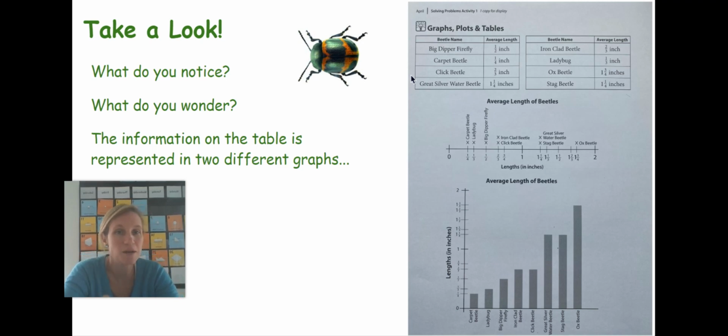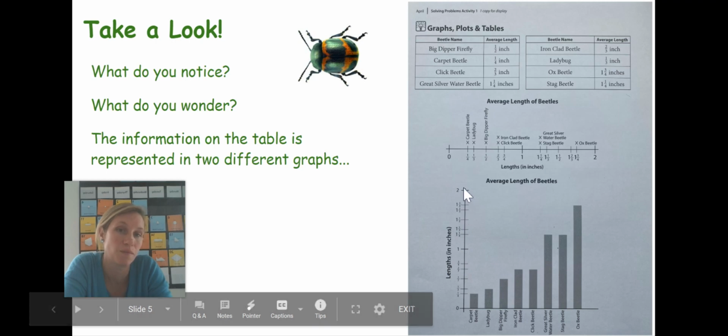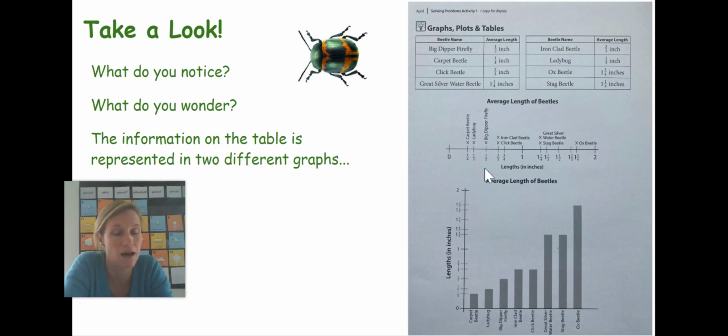Okay, let's compare these 2 graphs for a second. I notice on the bar graph that the information or the lengths is reported on the y-axis, which is the axis that's on a vertical. But in the line plot, I notice that the information is reported on the x-axis, which is the horizontal line.